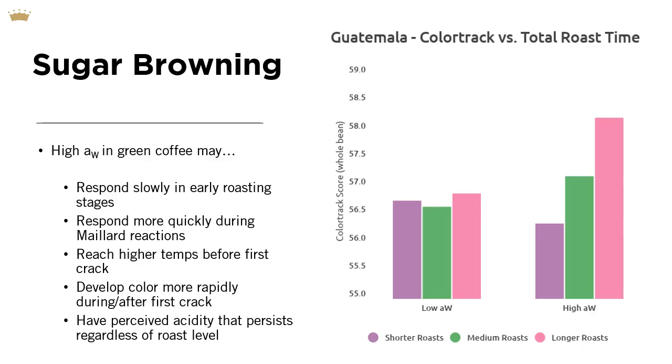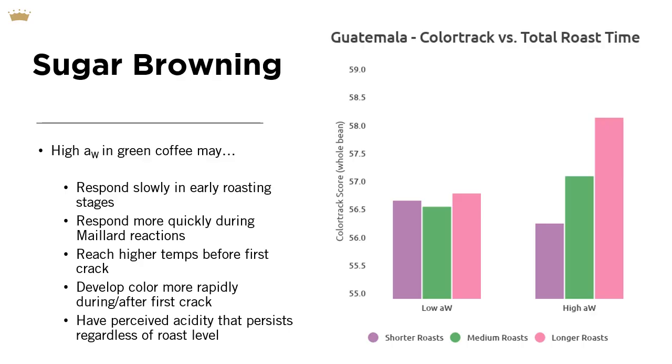Coffees of higher water activity might also crack at hotter temperatures than their lower water activity counterparts. I've also seen less stability, or less predictability, I should say, in the higher water activity first crack temperatures, even on the same coffee, whereas lower water activity seems to have a more defined first crack temperature start.